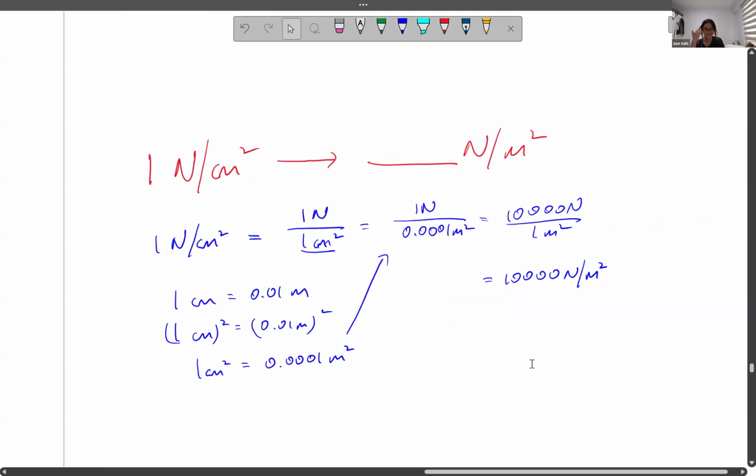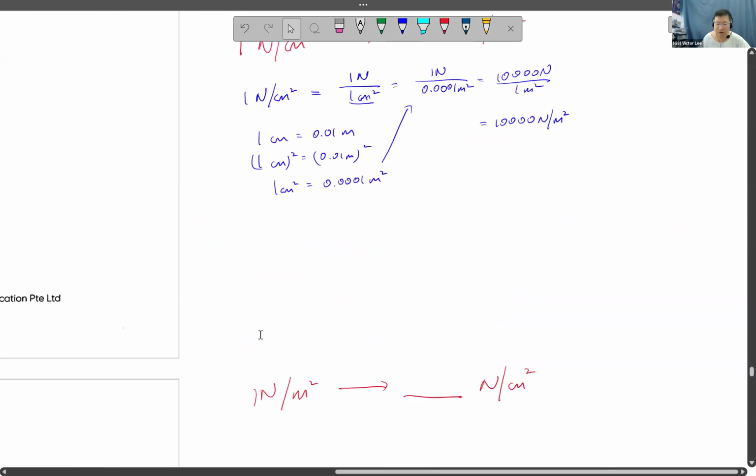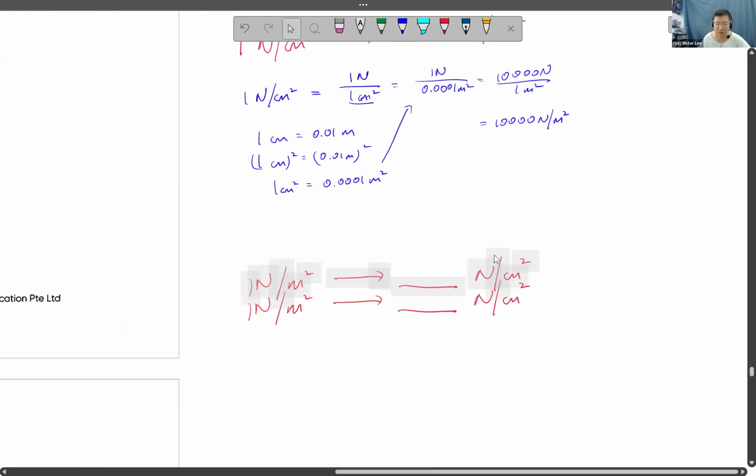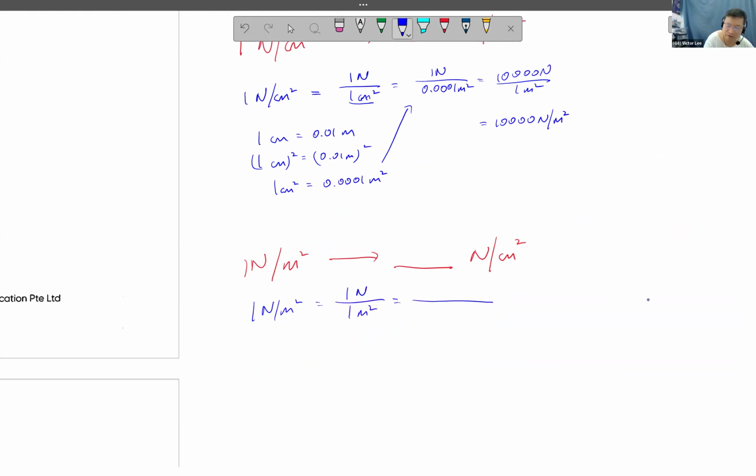Okay, I see. So why don't you try to convert this for me? One Newton per meter square equals 1 Newton over 1 meter square. Then convert to cm square.